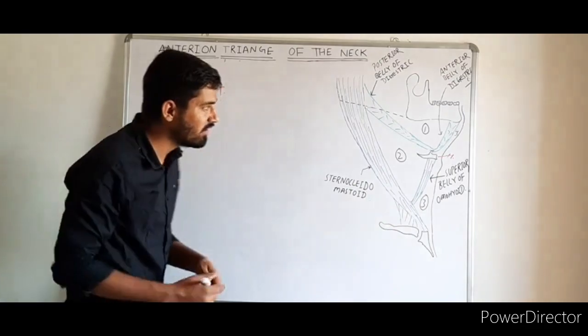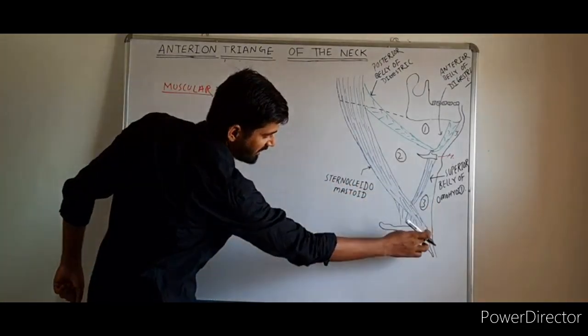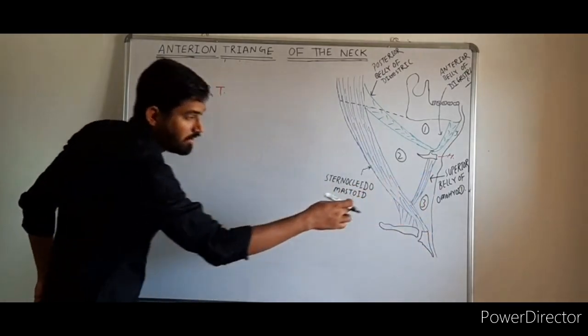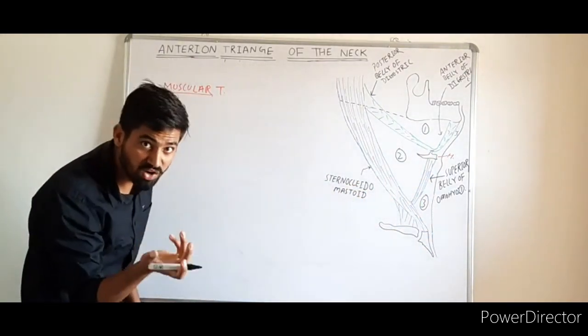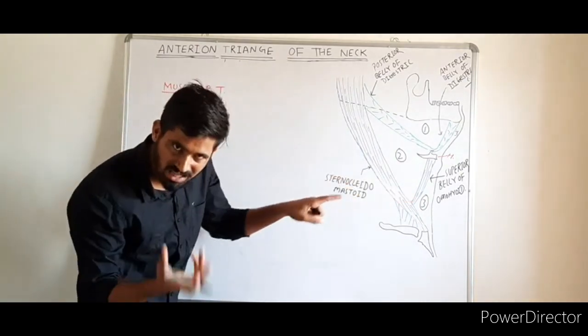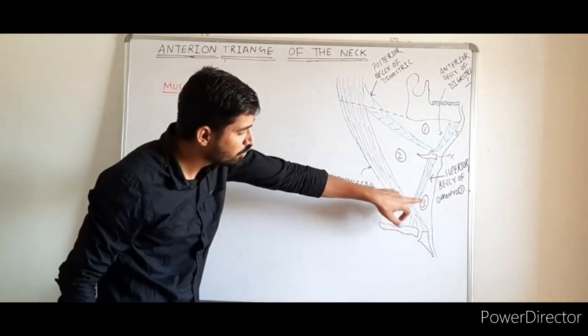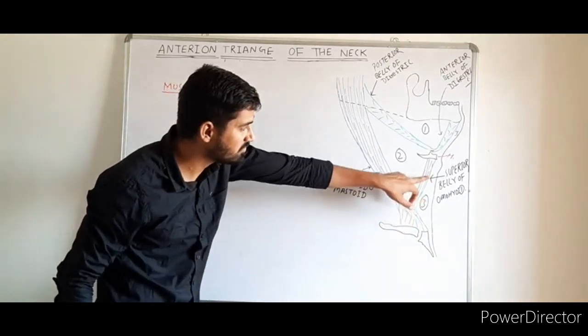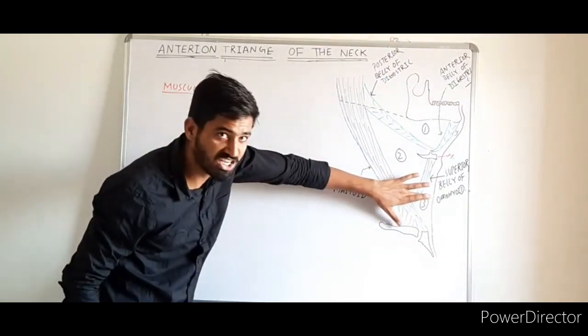What is the content? Here is hyoid, here is thyroid, and here is sternum. So the content of the muscular triangle is the infrahyoid muscles, and the floor is also formed by infrahyoid muscles. Deep to the muscular triangle, here is the thyroid cartilage.